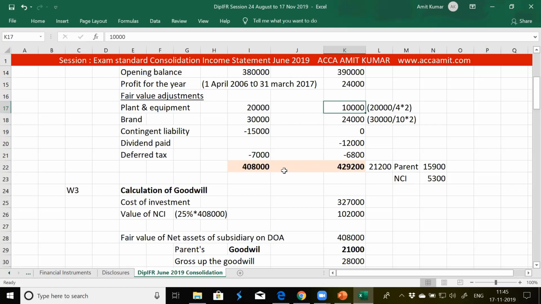Amit, why are we not considering goodwill in calculating net assets of subsidiary? Goodwill belongs to whom? The entire goodwill of beta, 28,000, belongs to whom? Goodwill is purchased by the parent.